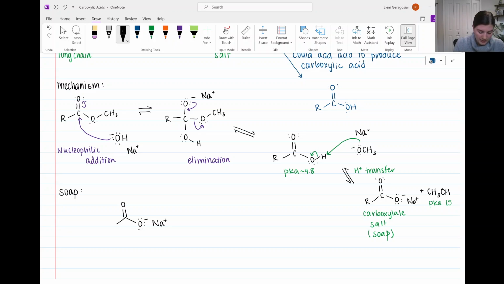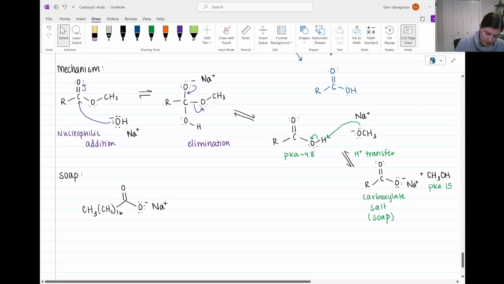And if this carboxylate salt carbon is then bonded to, for now let's draw the formula, 16 CH2 groups and then a CH3. This is sodium stearate.